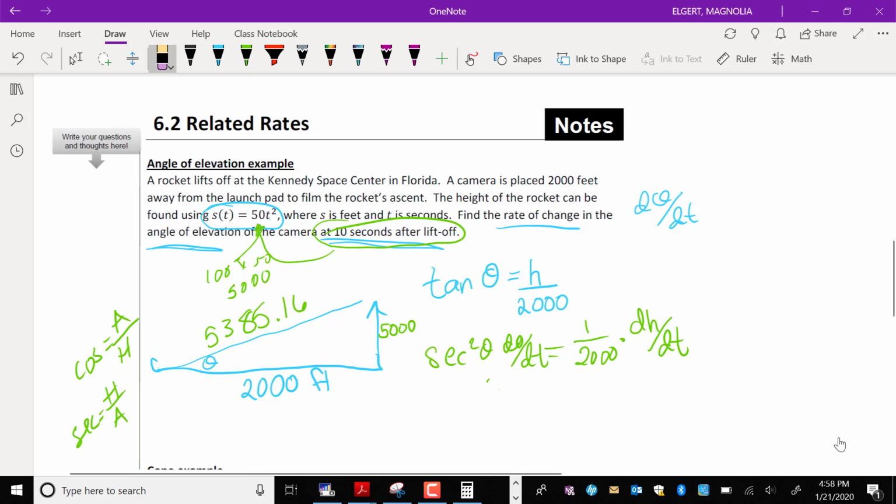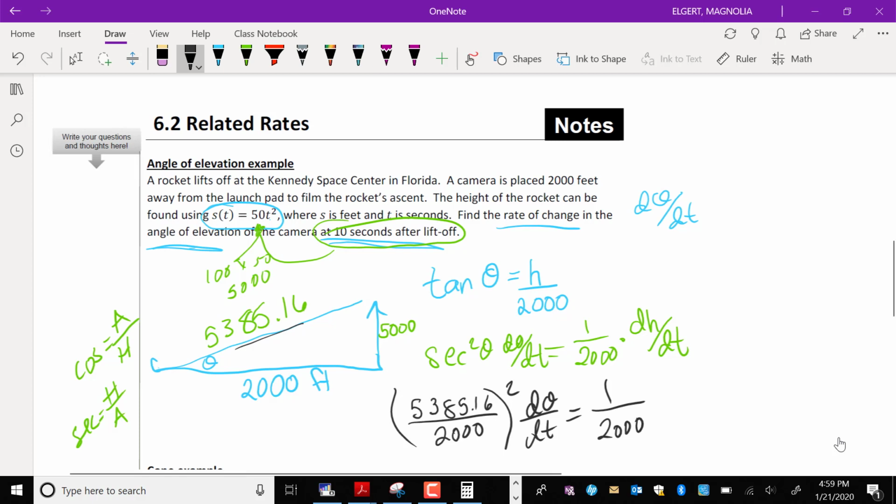So your secant is going to be this 5385.16 over the adjacent, which is 2,000. You're going to end up squaring that times d theta dt equals 1 over 2,000 times how fast the height changed. So you have to go back and see, did they ever tell us how fast the height was changing?